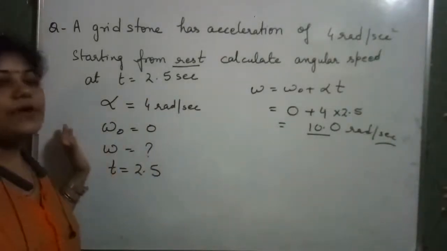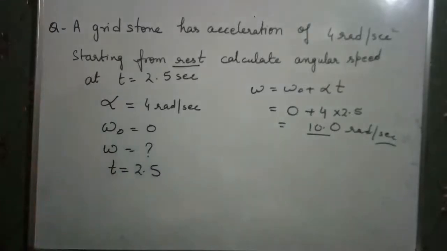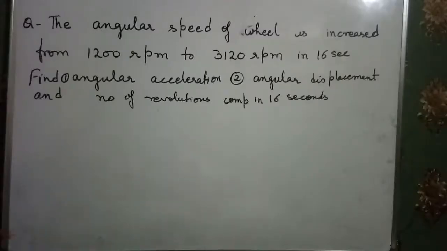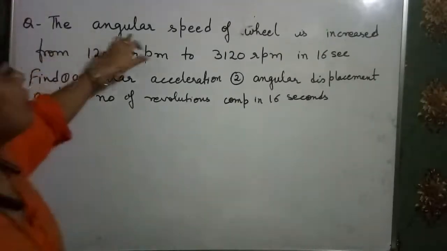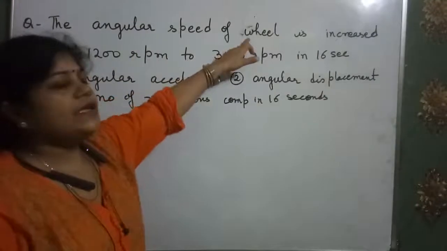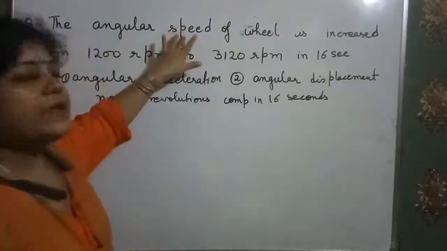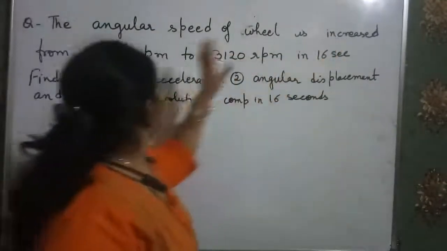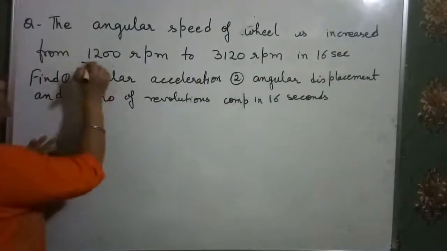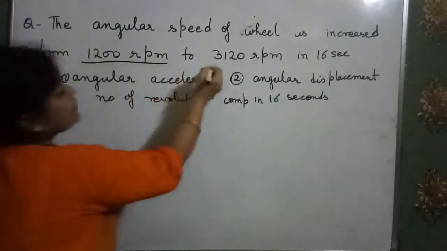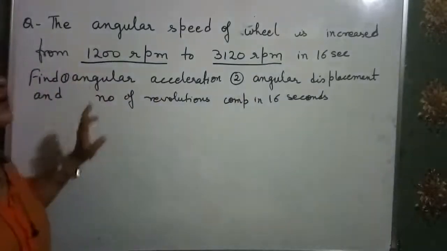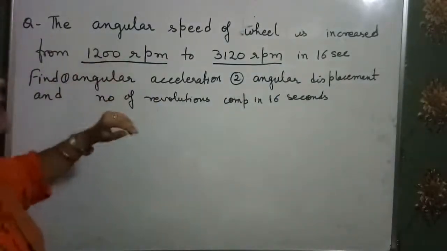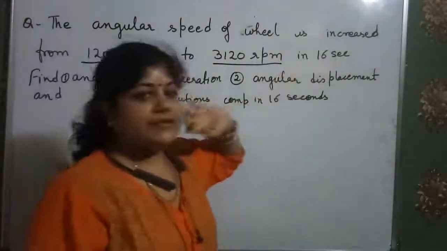I am going to explain to you the next type of pattern. So the next question in front of us is of a different pattern. The angular speed of a wheel is increased from 1200 rpm to 3120 rpm in 16 seconds. I will explain what rpm is.